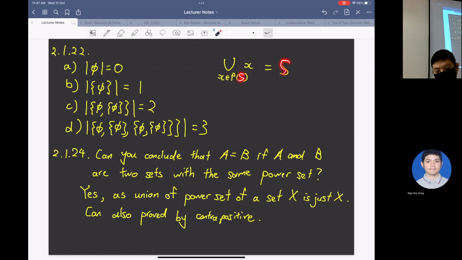It's actually S. You get back your original set. Maybe this is a good exercise you can try to prove.